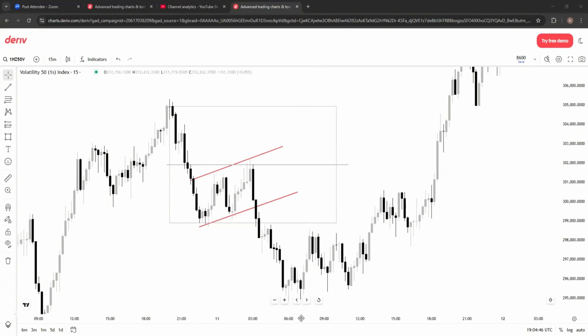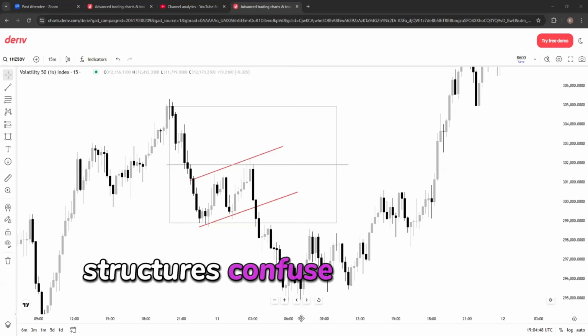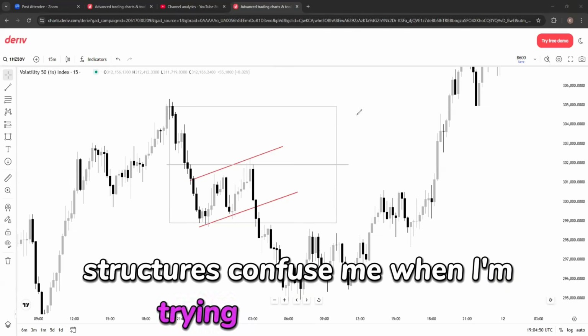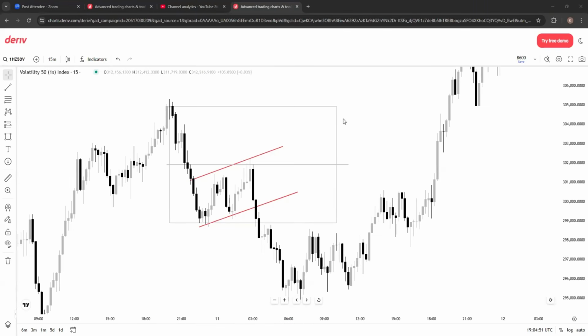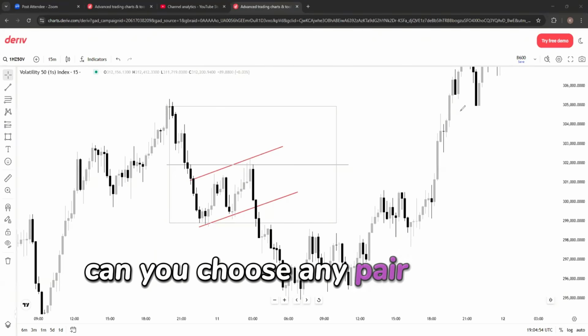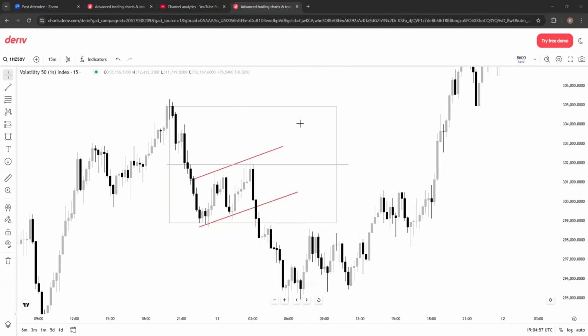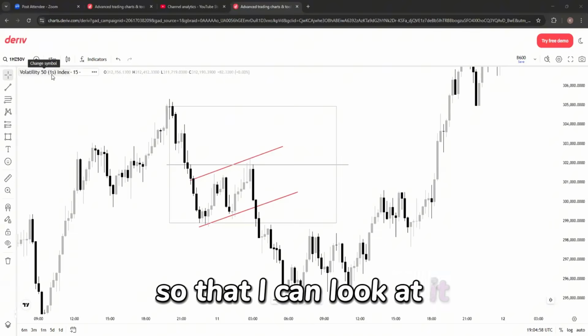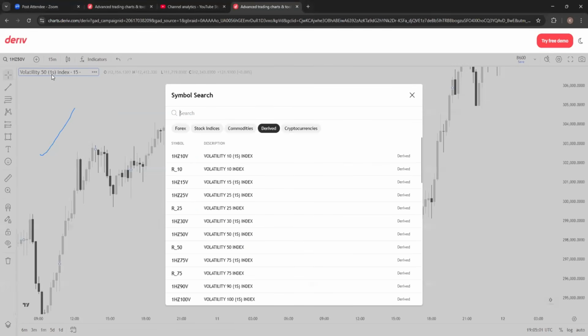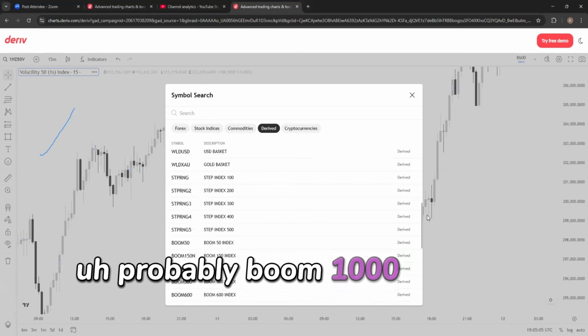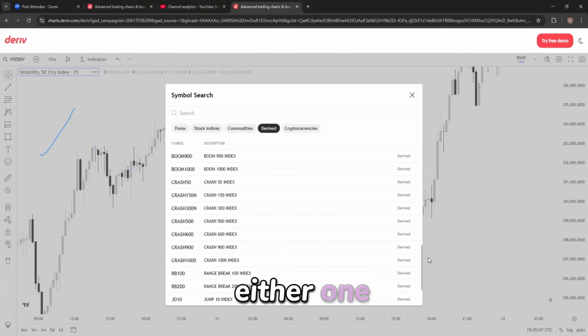Break of structure confuses me when I'm trying to catch spikes. Can you choose any pair of spikes of your choice so that I can look at it? Probably Boom 1000 or Boom 300, either one.